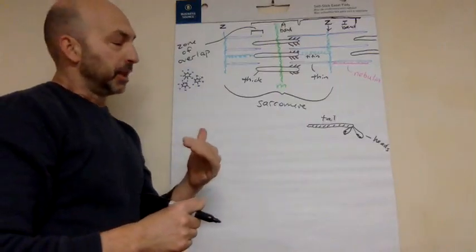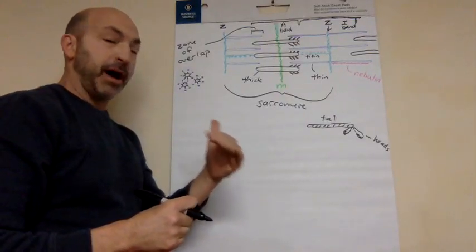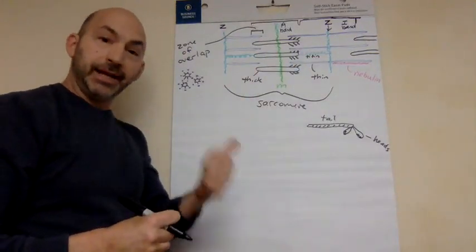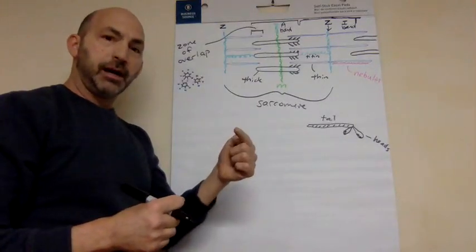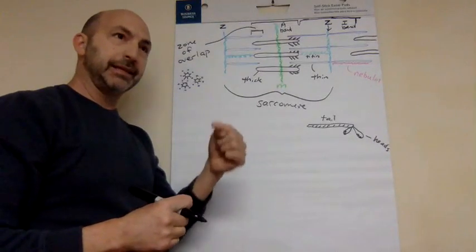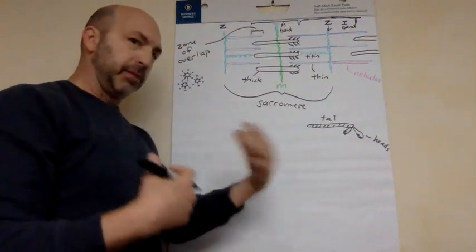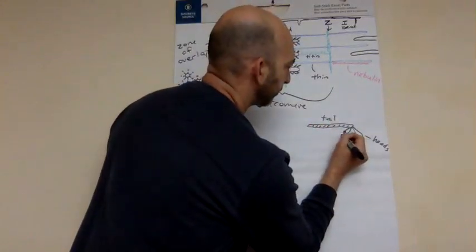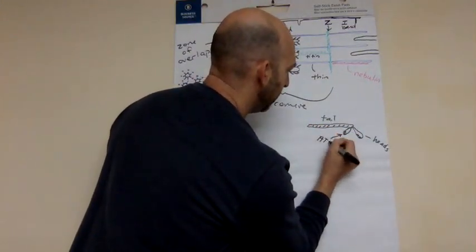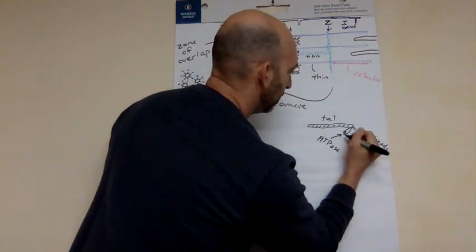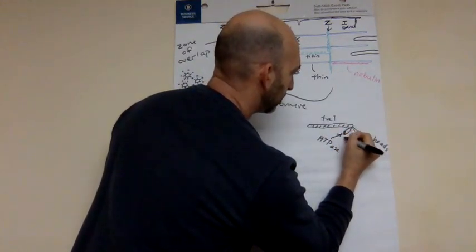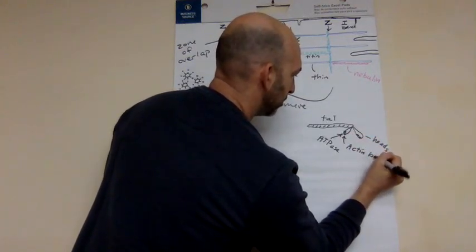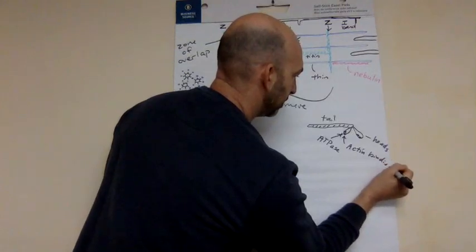They have a binding site for actin, which should make sense, and they're an enzyme. So one of these sites is an ATPase, in other words, it is the part that in muscle gobbles up the ATP to generate tension. One of them is an ATPase, and the other one is an actin binding site.